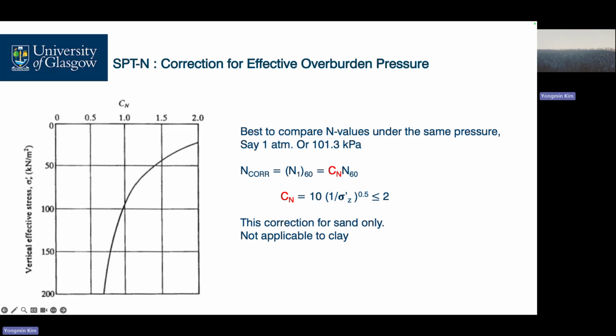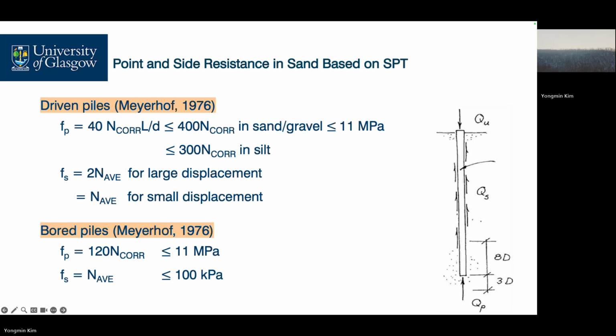Probably Kisojiban iLab gives you a certain good perspective. For driven piles and bored piles, Meyerhof in the same year proposed a simple equation using the SPT value for point resistance and shaft resistance.